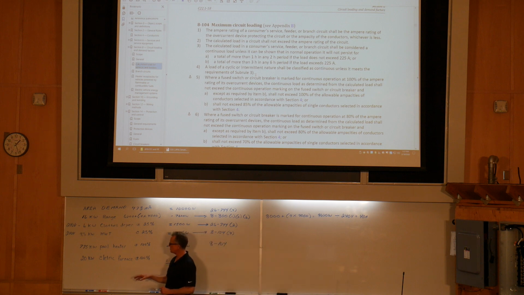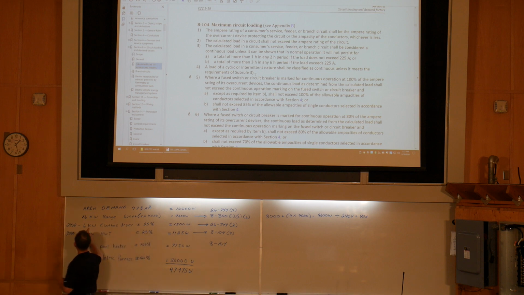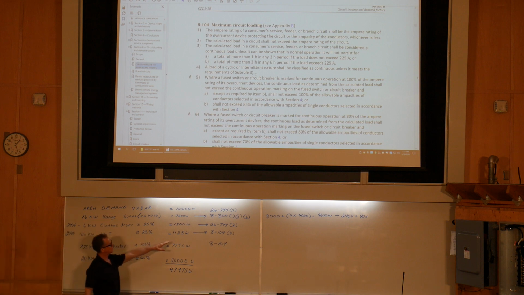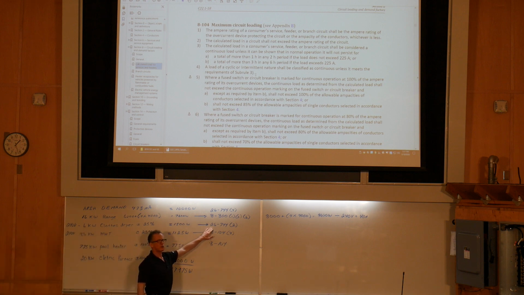Inside the service, there are continuous loads. The furnace is, the pool heater is, the hot water tank is, the clothes dryer is dealt with in this rule, and the range is dealt with in that rule.